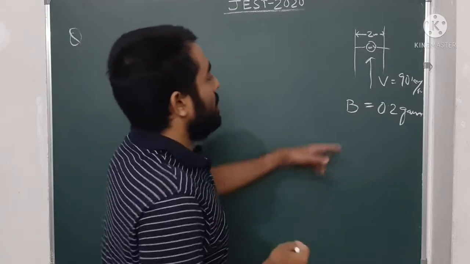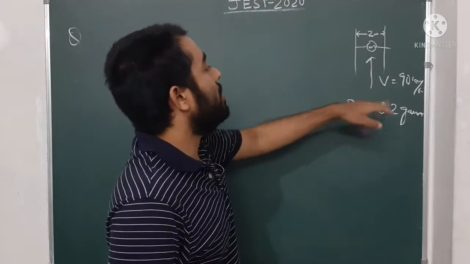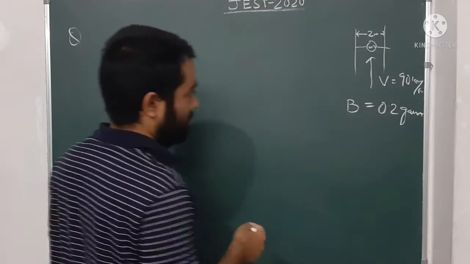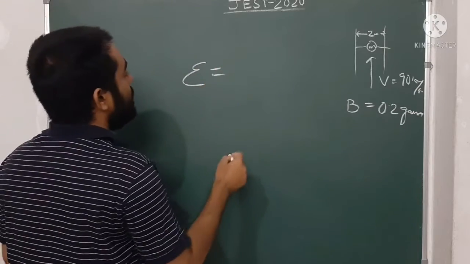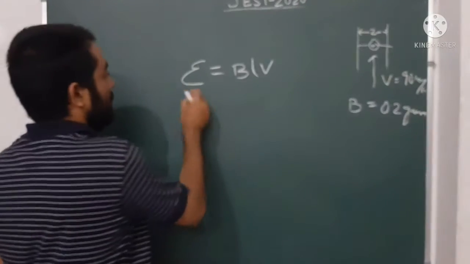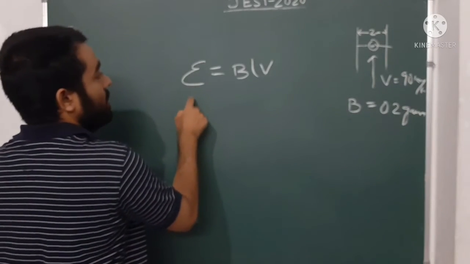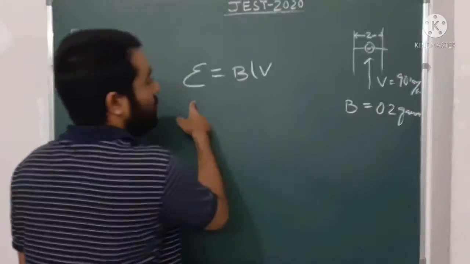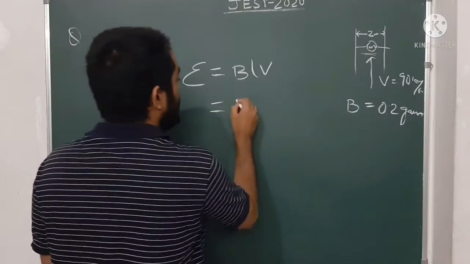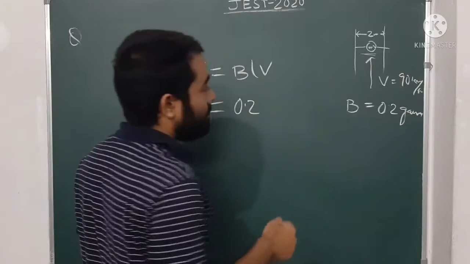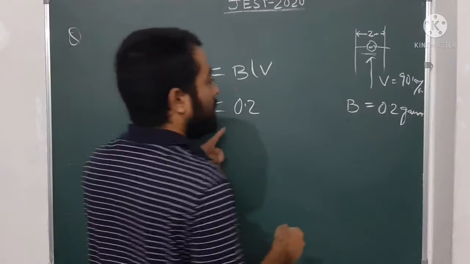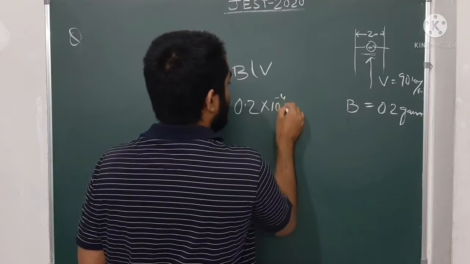You know that due to Earth's magnetic field, when the train travels between the two rails, an EMF is induced, which is equal to BLV. They want the value of this induced EMF, in units of volt, measured by the millivoltmeter. So B is 0.2 Gauss, and we have to convert it into Tesla, so 10 to the power minus 4.